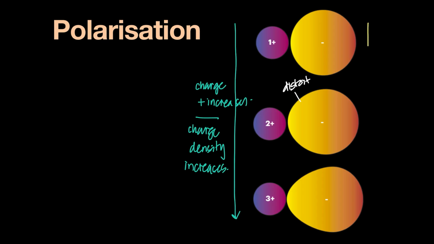And as a result, when the anion, which could be any anion as long as it's large enough, is large, the nucleus doesn't have the same effect on the outer electrons. The larger the anion, the less effect the nucleus has on the outer electrons, so they can be easily distorted by somebody else. So when the charge density of the cations increases, the distortion, or what we call polarization, increases.